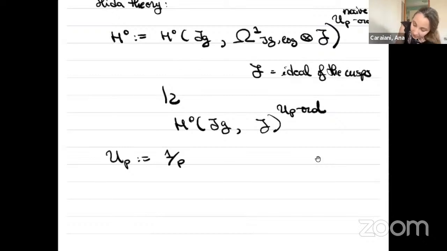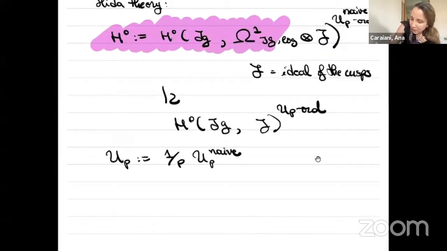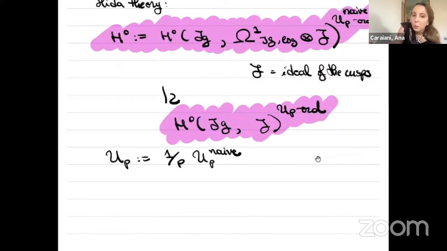It turns out that the naive U_p operator, if you just think about it acting as a cohomological correspondence for the structure sheaf on the Igusa tower, is divisible by p. So you have to renormalize it. Right. So that's one space that one can consider, or sort of the ordinary part of just the global sections over the Igusa tower.